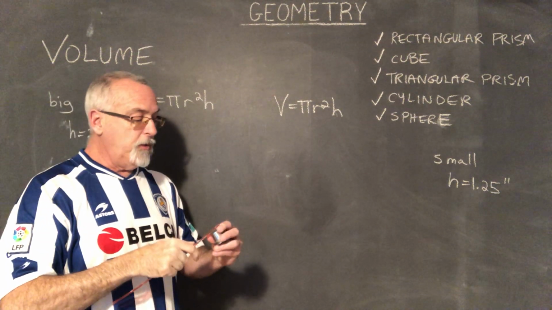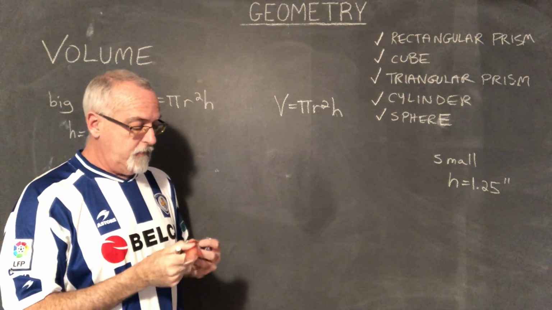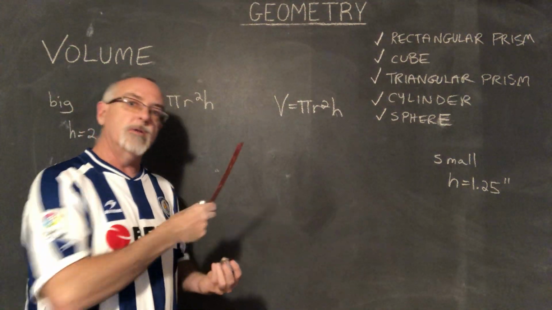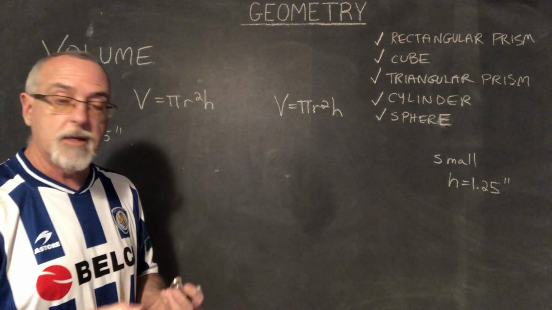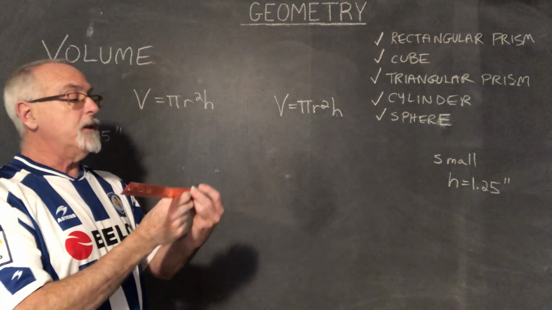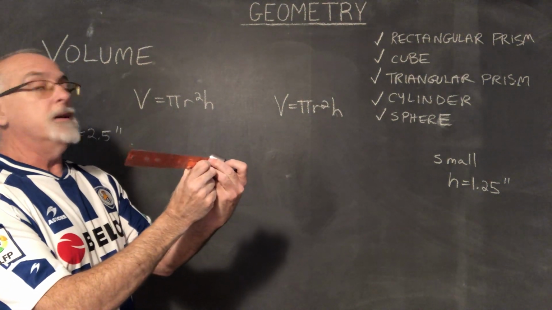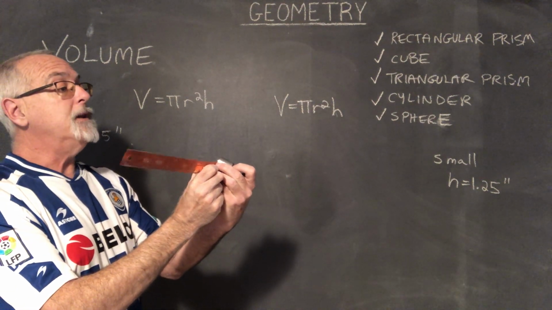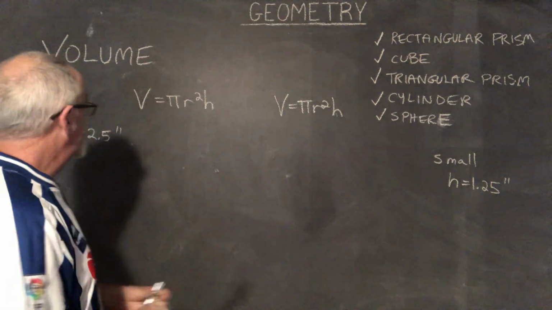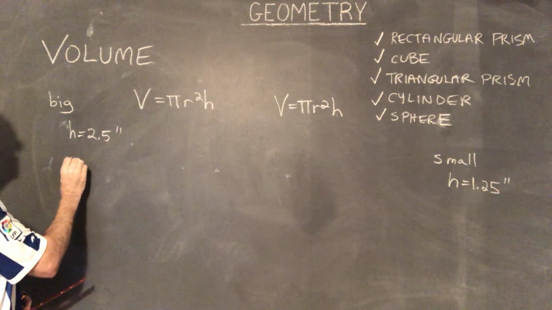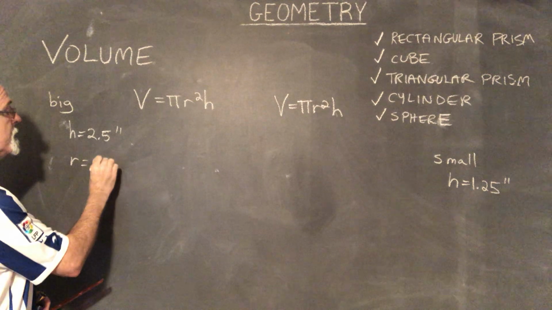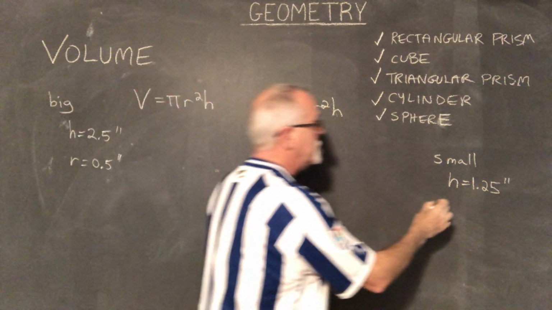Radius is the same for both of them, so I just have to do it once. I have to remind myself not to use the diameter by accident. That's an easy mistake to make. Measuring the diameter is easier when you're actually measuring the object, but it's the radius we need. Fortunately, the diameter is 1 inch, so the radius is 1/2 inch, for both the small and the big.